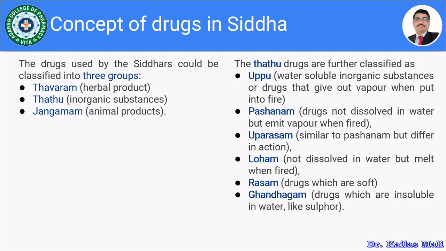Uppu is the water-soluble type of inorganic substance or drug, and when put under fire, it gives off vapor. Pashanam is not dissolved in water but emits vapor when fired. Uparasam is similar to Pashanam but differs in pharmacological action.